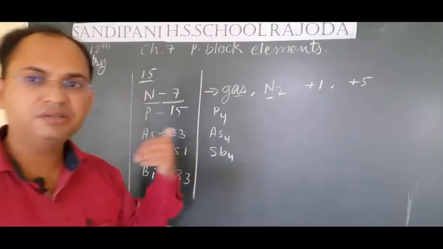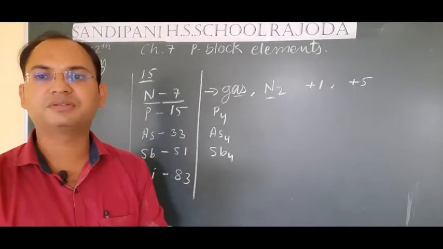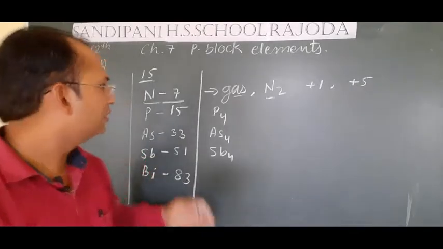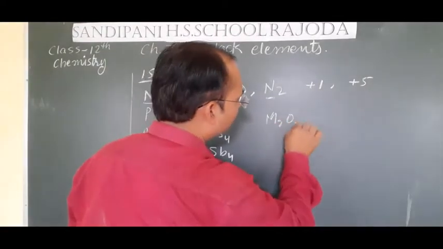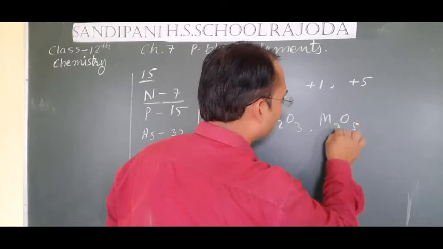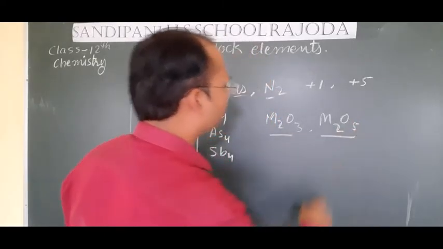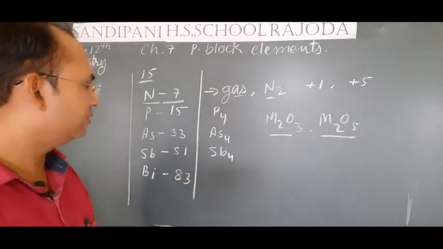From +1 to +5 oxidation states are shown by nitrogen in its oxides, but the other members only possess M2O3 and M2O5 type of oxides. Only 2 types of oxides are possessed by the rest of the members.